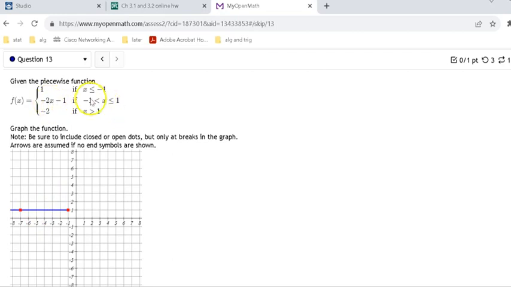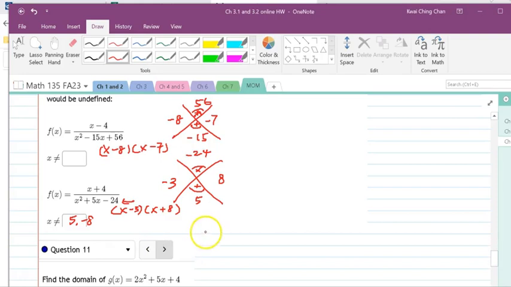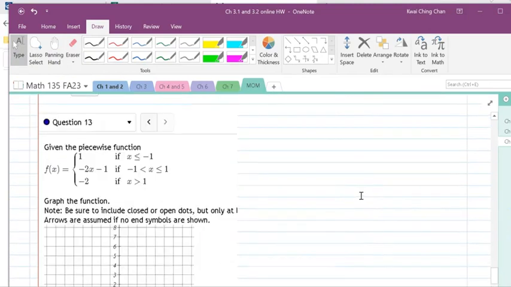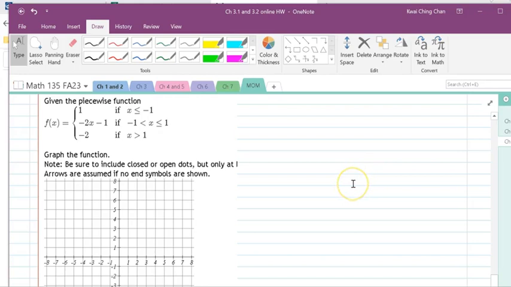Second is when x is between negative 1 and 1. So let's calculate what happened.